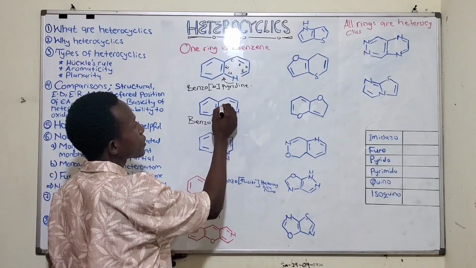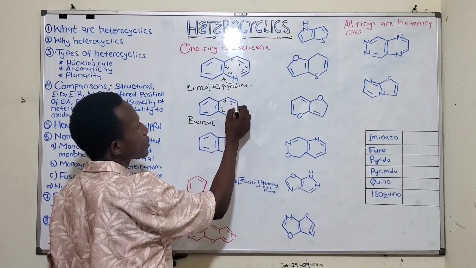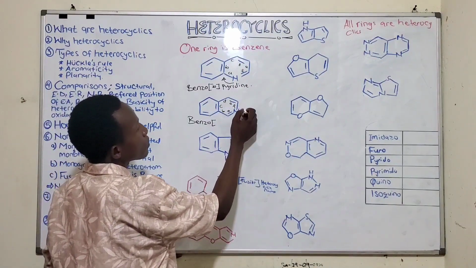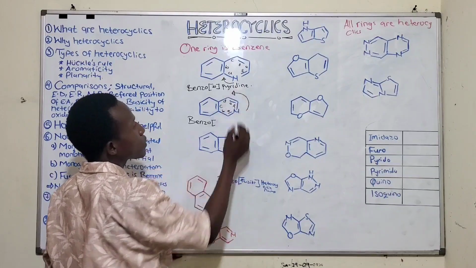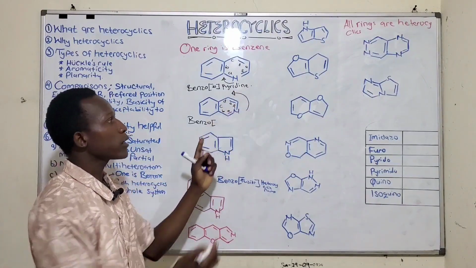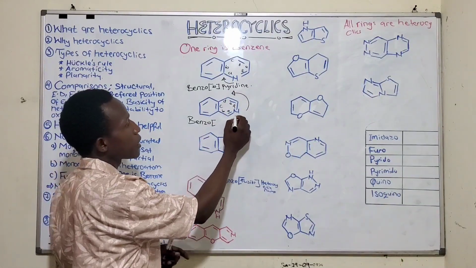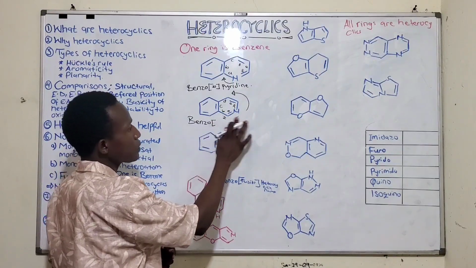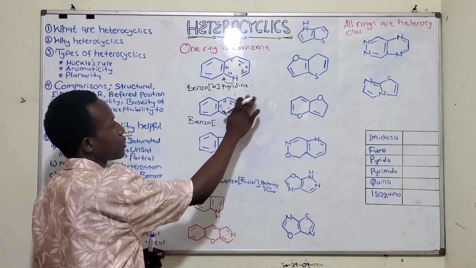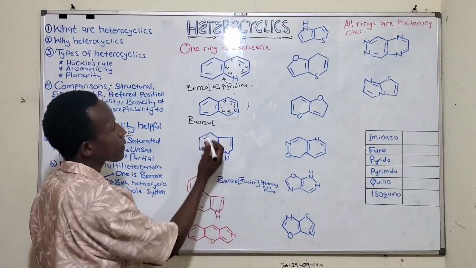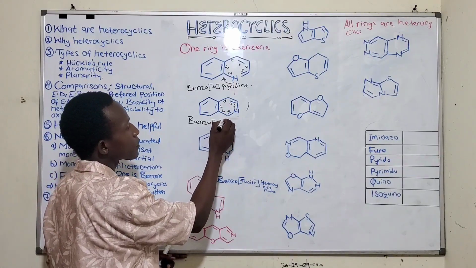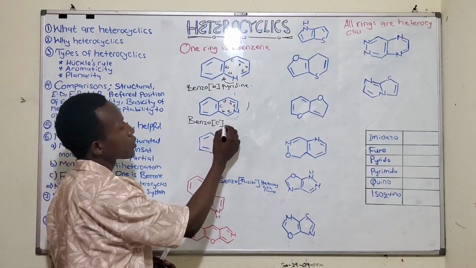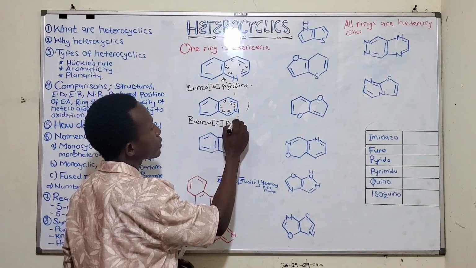This is B, C, D, E, and F. We cannot go this side because this one is a long route to the fusion, but this one is the shortest route to the fusion. So this one will be benzo C. Then you put it in square brackets. Benzo C, pyridine.